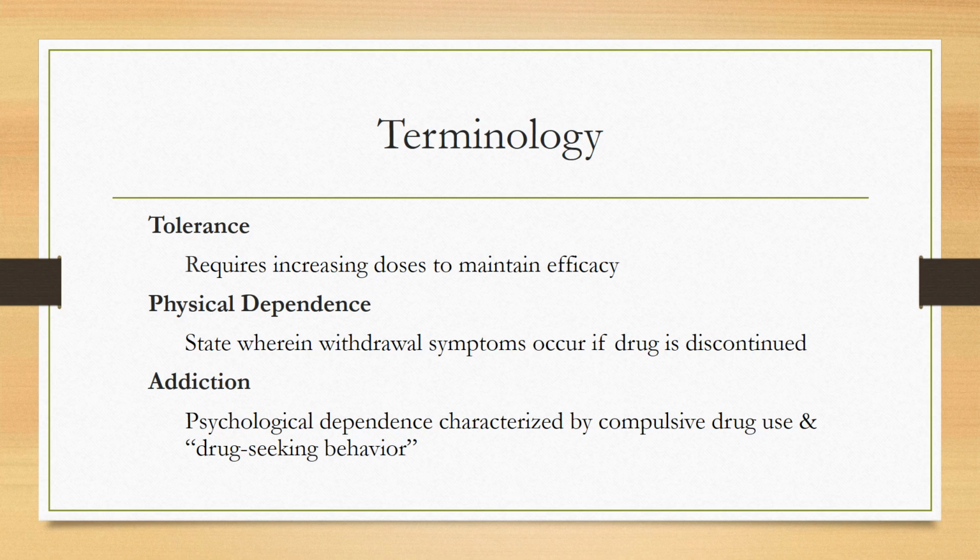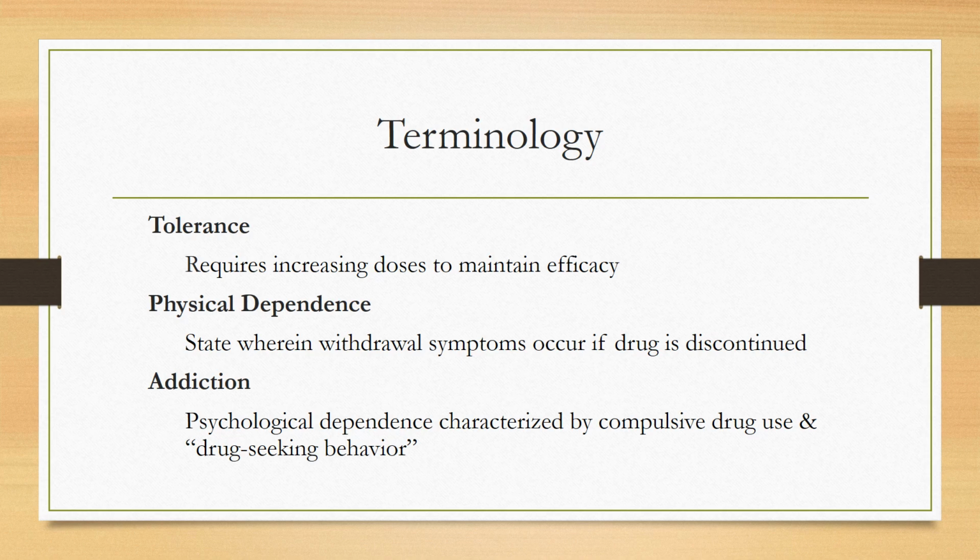So tolerance is basically requiring increased doses to maintain efficacy. This is, again, more of an issue in chronic pain because the pain is getting worse. Then we have physical dependence, where withdrawal symptoms occur if the drug is discontinued.